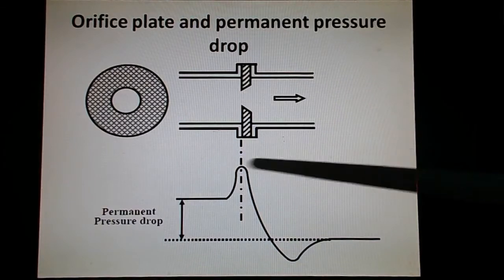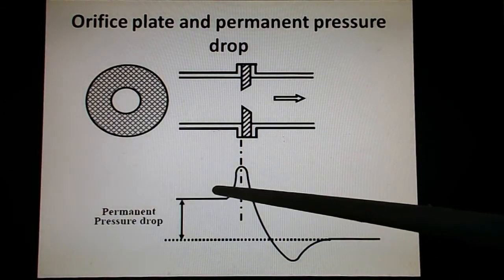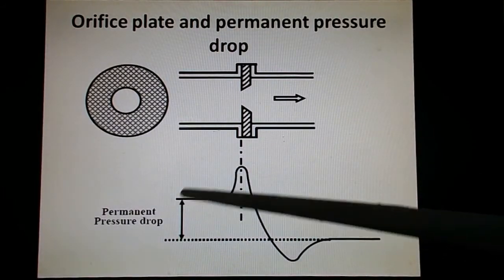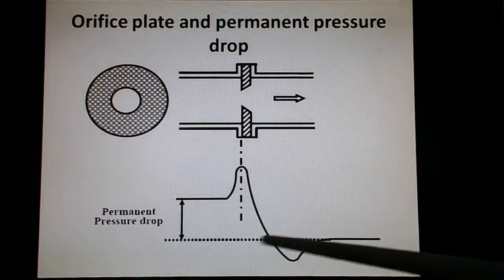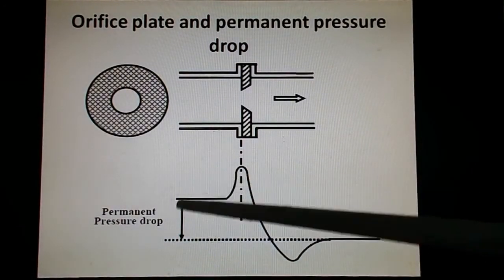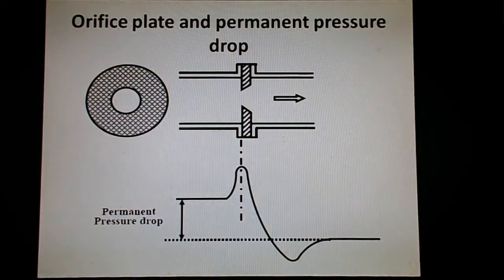So the pressure in the flow passes there is abrupt change and it is not able to recover fully. So initial pressure is this and the final pressure is this. Difference between initial pressure and the final pressure across the orifice is called permanent pressure drop, and in case of orifice plate this permanent pressure drop is substantial amount.